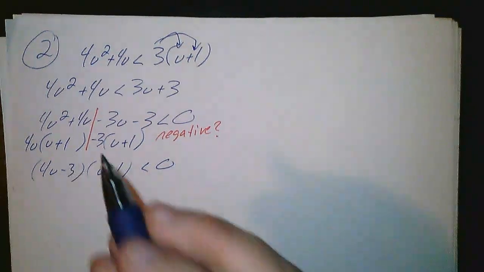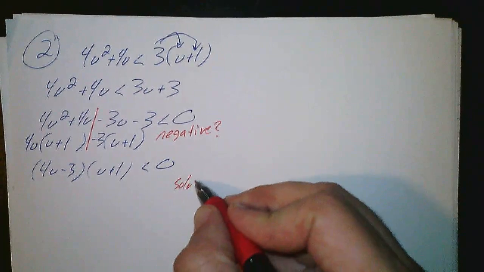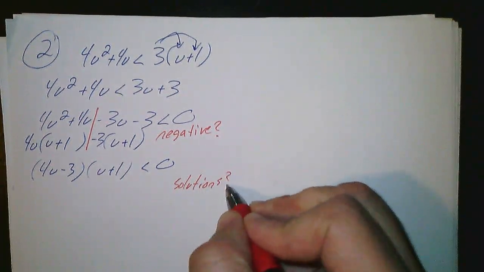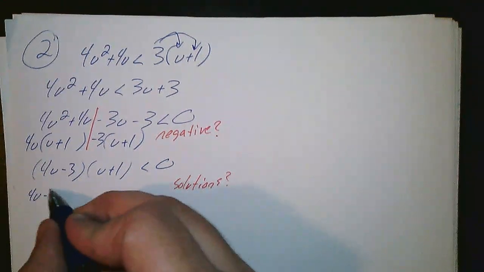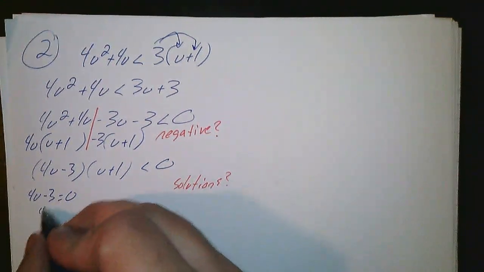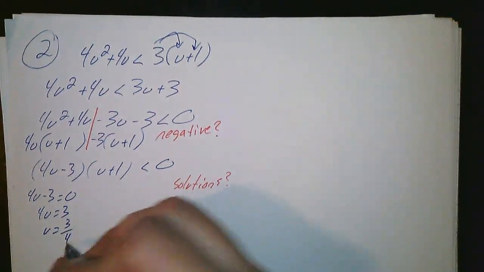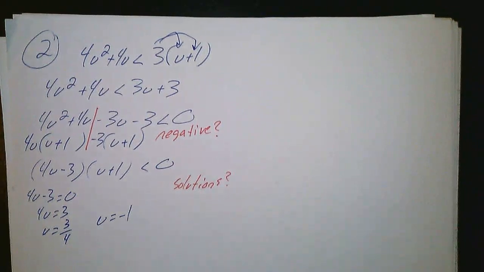So we find these solutions. Where would we hit the x-axis? And we find the solutions by setting this equal to 0. Like so.